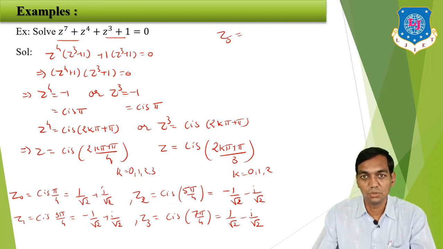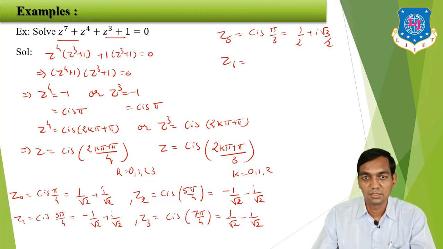Now Z5 is obtained from this one. K is equal to 0, that will be cis pi by 3. Cos pi by 3 is 1 by 2, sin pi by 3 is root 3 by 2. Z6 is cis 3 pi by 3, that is cis pi, and that will be minus 1.